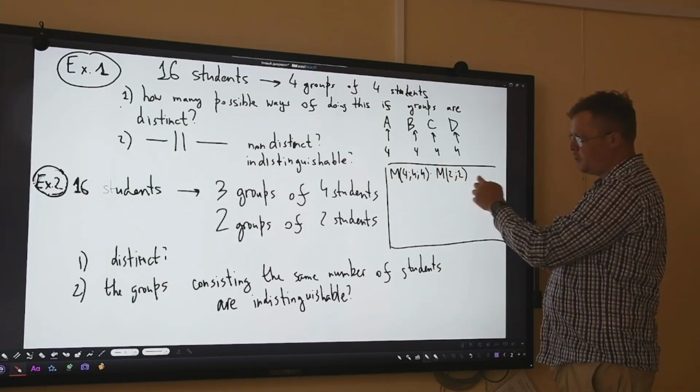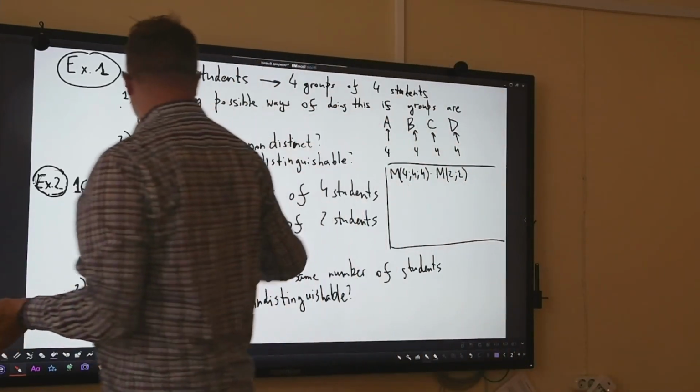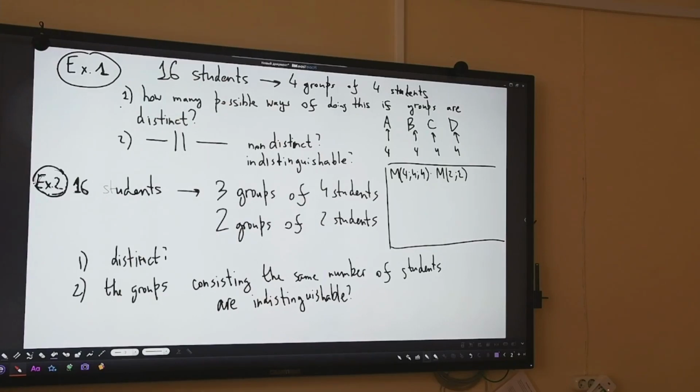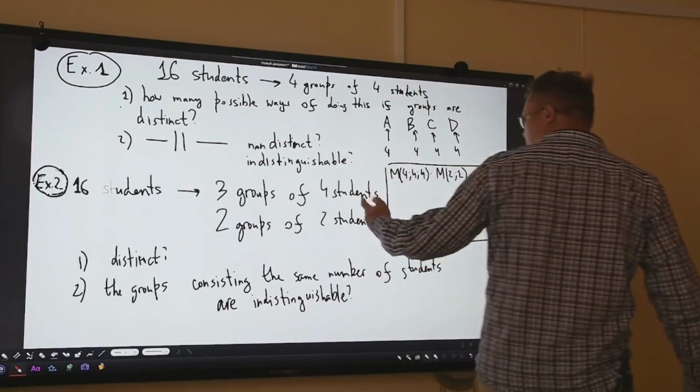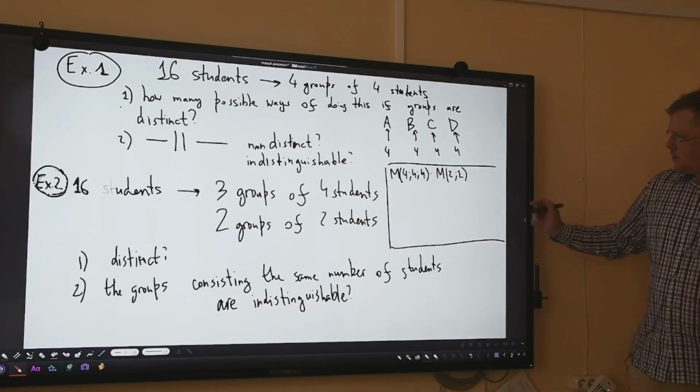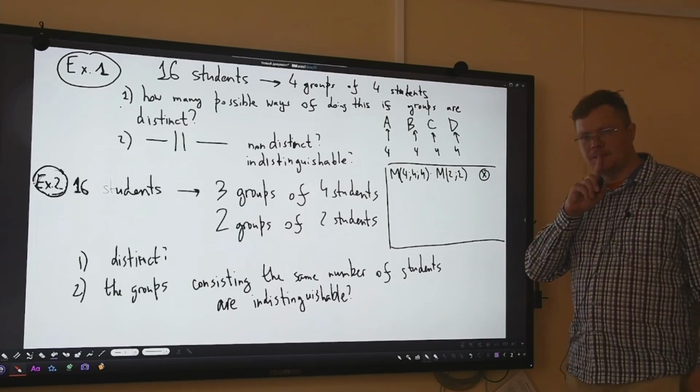We don't take the first 12 students to the 3 groups, we want to permute them. So I think this is not correct.